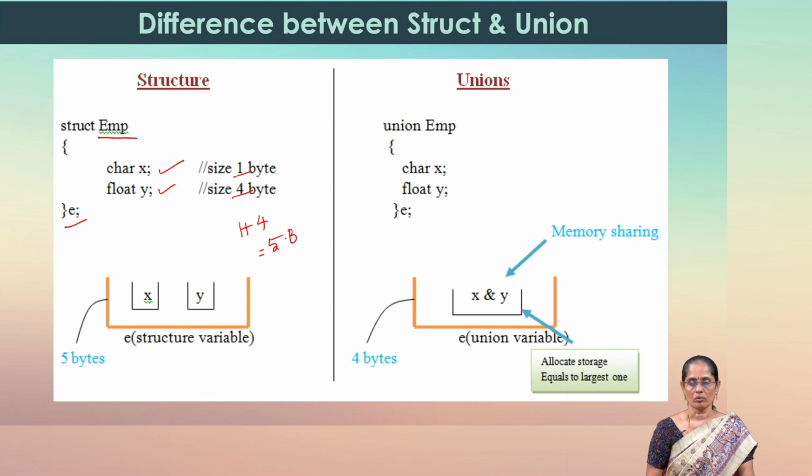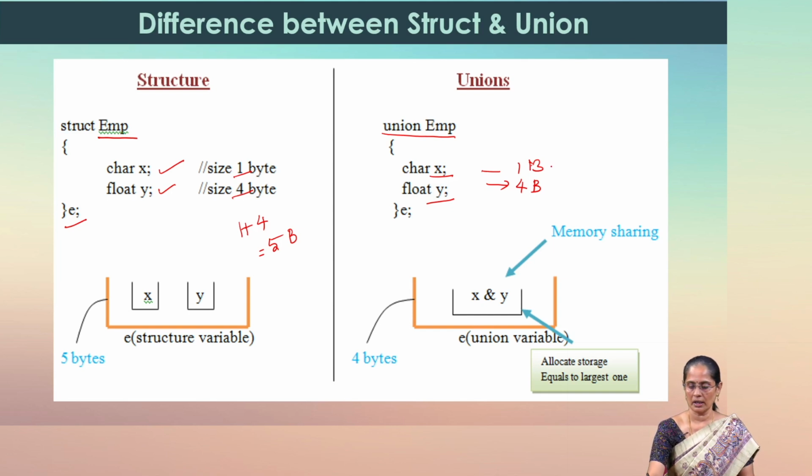right. Now, learning about unions, a union can be defined in the same way as we declare the structure, with the two members char x and float y. The char will be 1 byte in size, and the floating point value y will be 4 bytes. Now, in a union we need to find which member will occupy larger space.